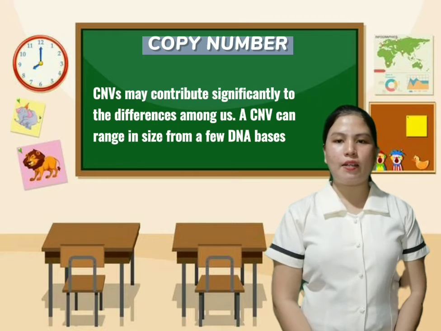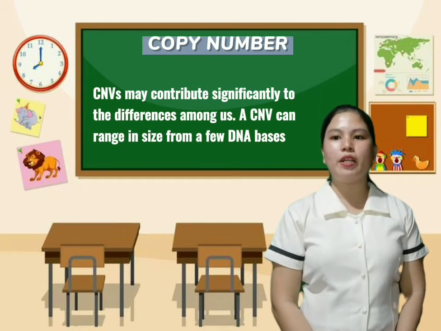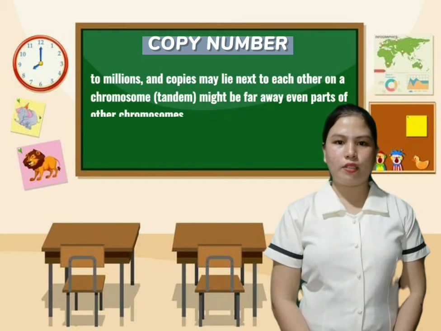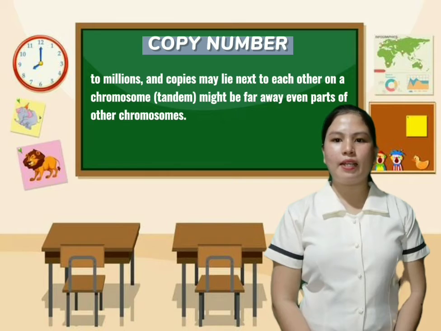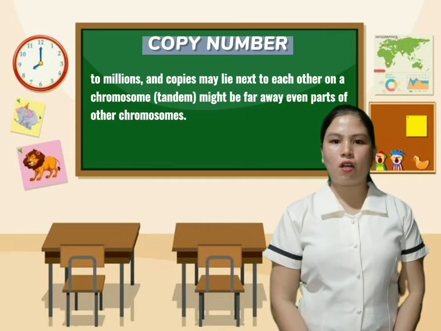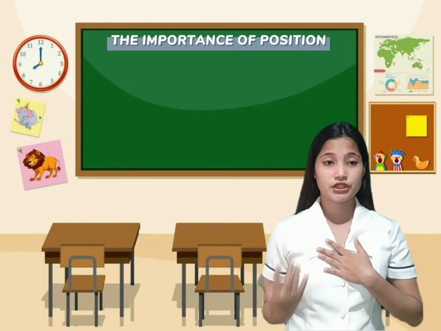CNVs can range in size from a few DNA bases to millions, and copies may lie next to each other on a chromosome, or in tandem, or might be far away, even on other chromosomes. The importance of position.